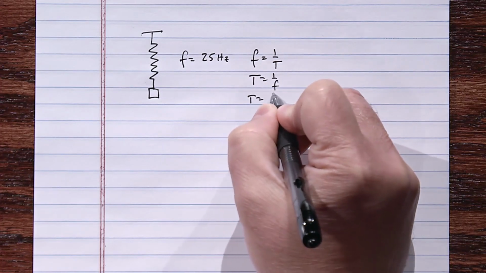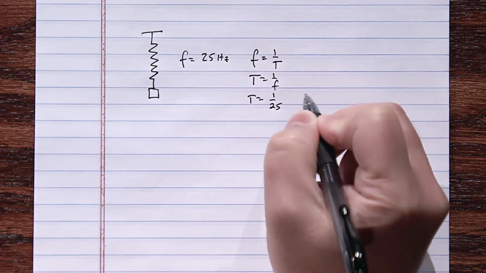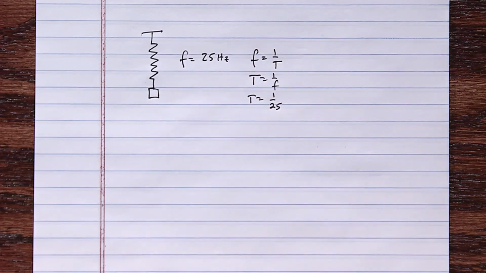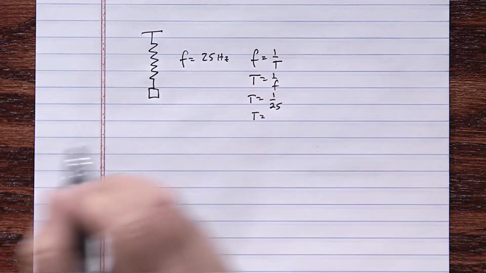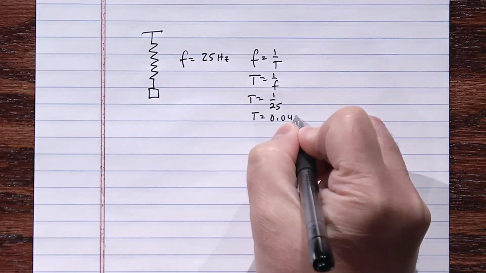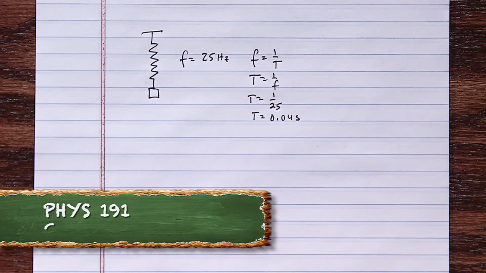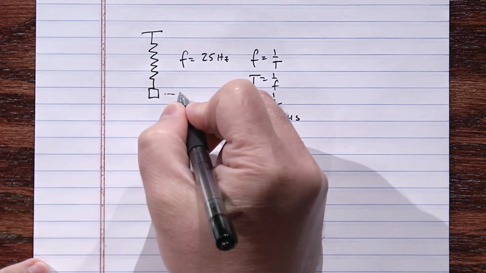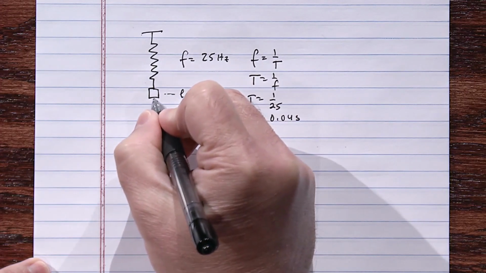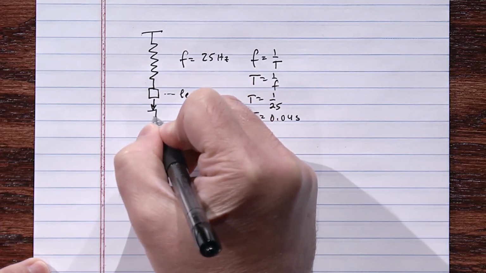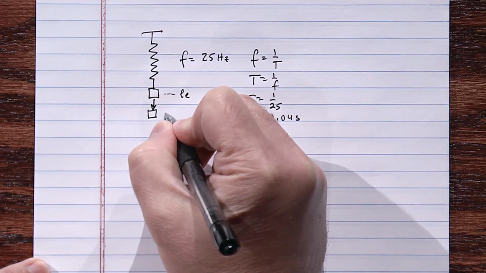So the period of oscillation is 1/25 of a second, which is 0.04 seconds. We're also told that the amplitude of the oscillation is 1 millimeter. So if this is the equilibrium position, then the mass extends another 1 millimeter.